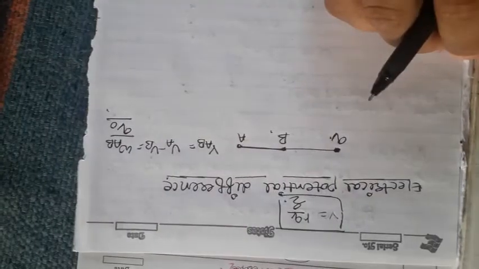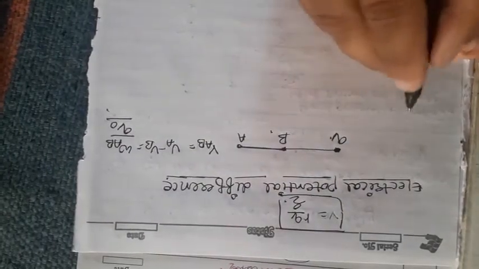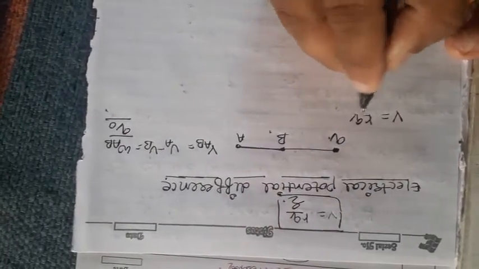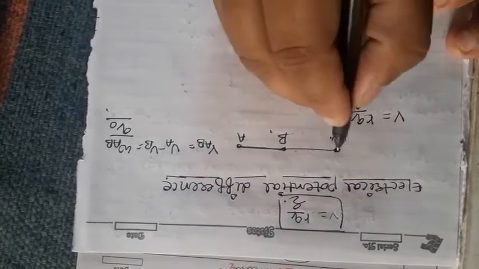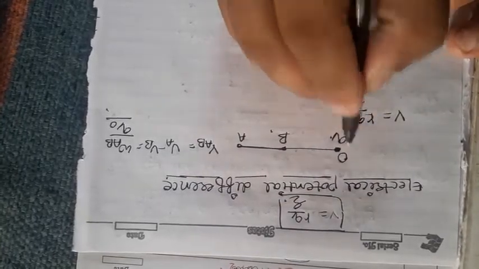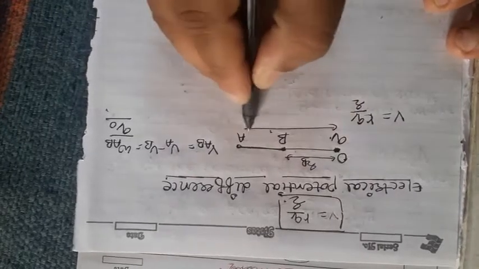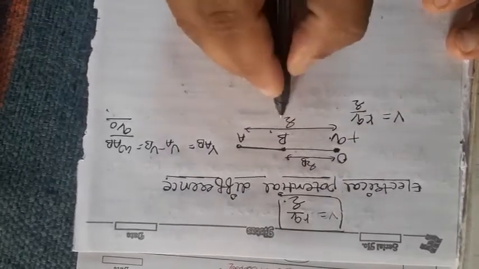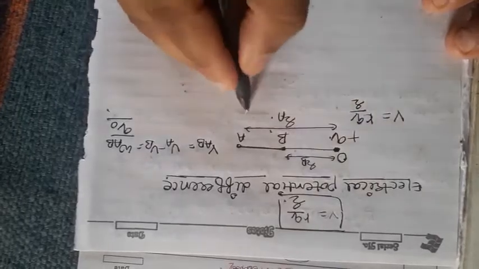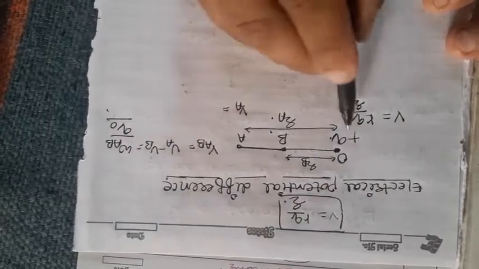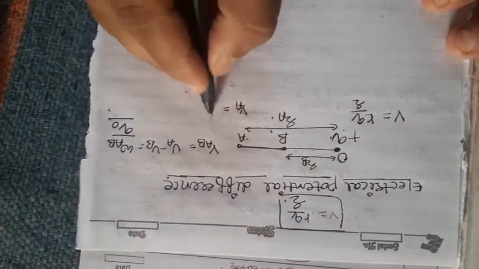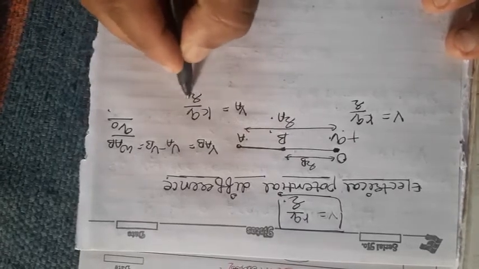You know that we already found the potential, which is given by KQ by R. Suppose this point is the origin, the distance of this point from the plus Q charge is RB, and the distance of the other is RA. Then what will be VA? That is the potential of this charge at this point, KQ upon RA.